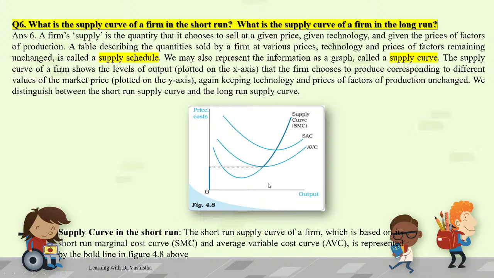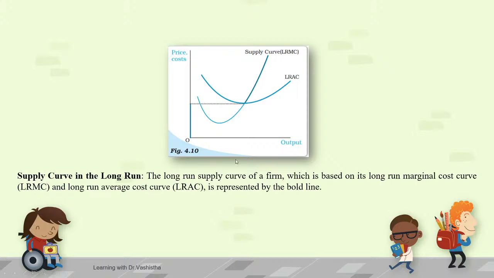Now we'll move to the long run supply curve, which is here. Again, output is taken on the x-axis and price, cost is taken on the y-axis. The long run supply curve is based on the long run marginal cost curve, which is LRMC, and the long run average cost curve is shown by the bold line.